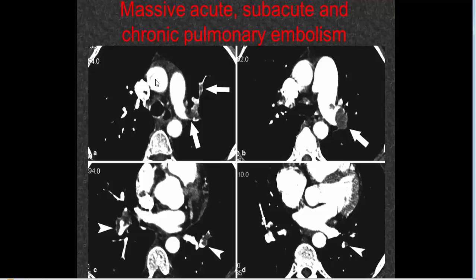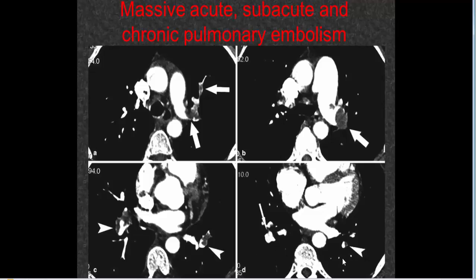Massive acute, subacute, chronic pulmonary embolism. As we see, main pulmonary, right upper, left upper pulmonary vessels, we see multiple areas of filling defect. Here, the left main pulmonary artery, we see an area of large, central intraluminal filling defect. Here on the right side also we see the right lower lobe pulmonary artery.